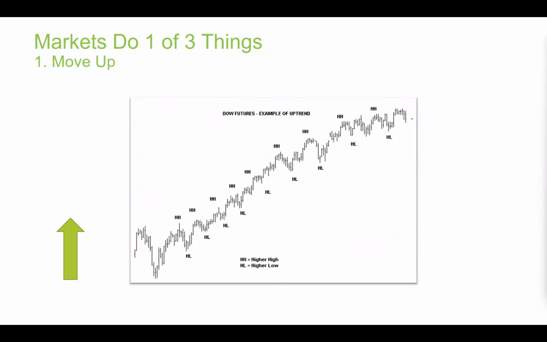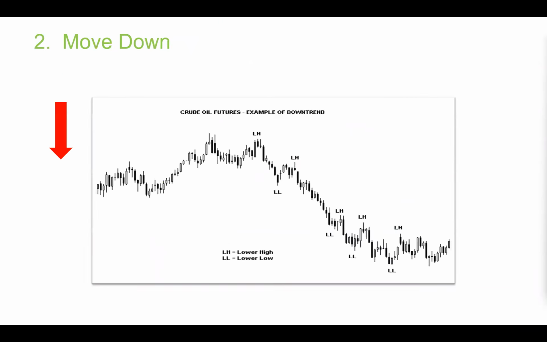The markets really do only one of 3 things. They move up, and this is an illustration of expansion with small contractions on the retracements. The next chart shows the market moving down. This is again an example of expansion to the downside, and you notice that the retracements are contracting.